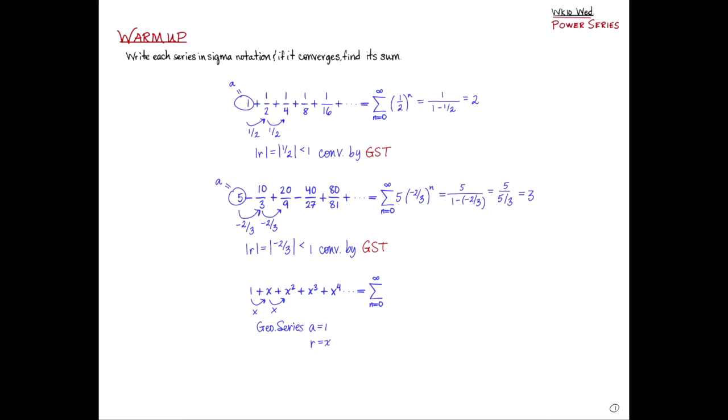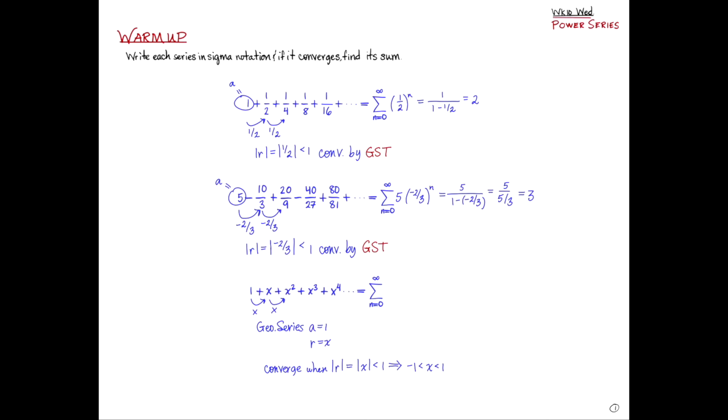Just like in our previous two examples, this geometric series is going to converge when the absolute value of r, which in this case is equal to the absolute value of x, is less than 1. So as long as x is between -1 and +1, we can express this as a over 1 minus r.